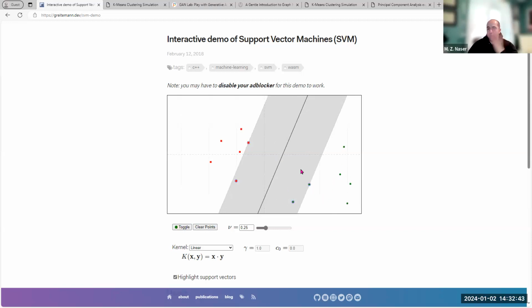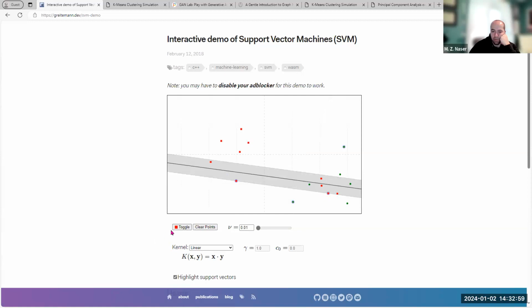So you can see it's a clear distinction, or a plane. Now let's make this a little bit harder. So I'm going to be putting some reds here. I'm going to be putting some greens here.